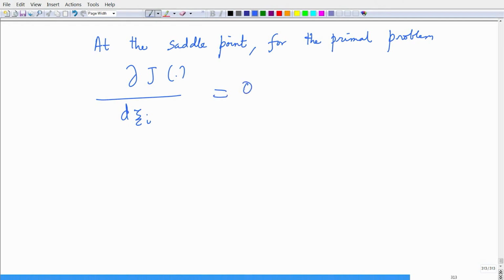this condition is true, that is, the derivative of the Lagrangian with respect to zeta I is 0.